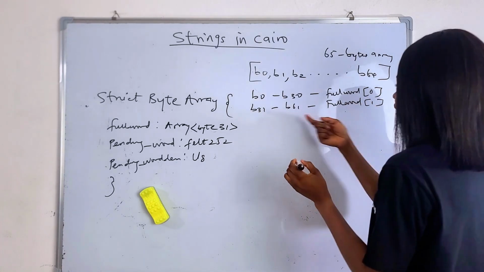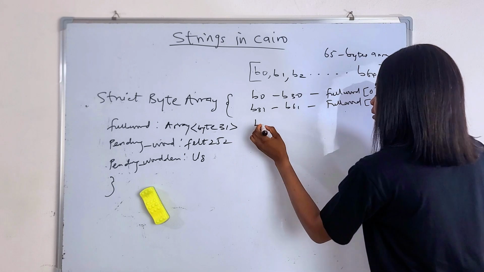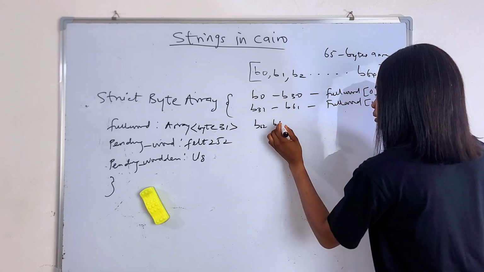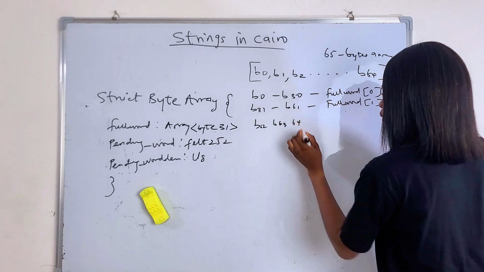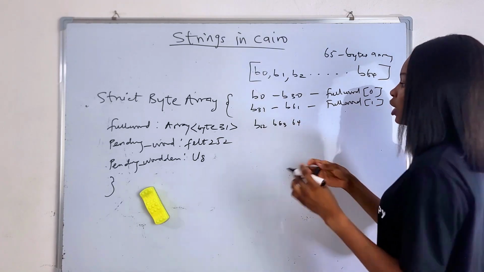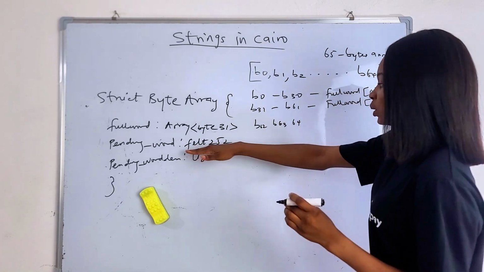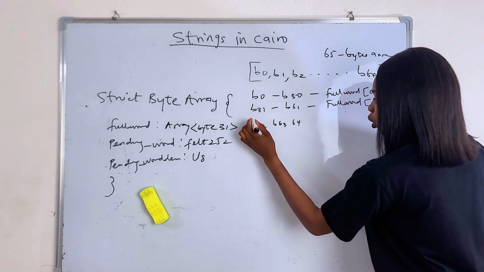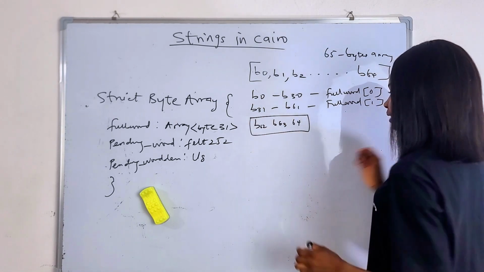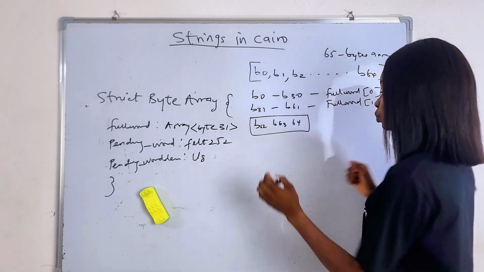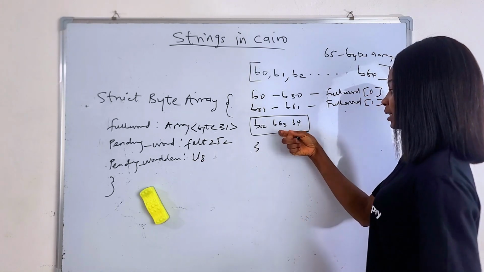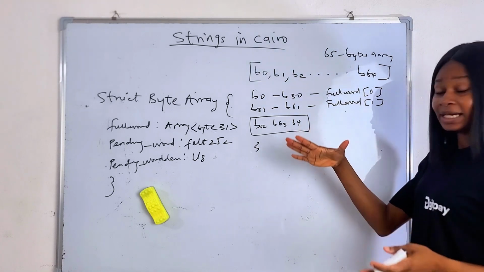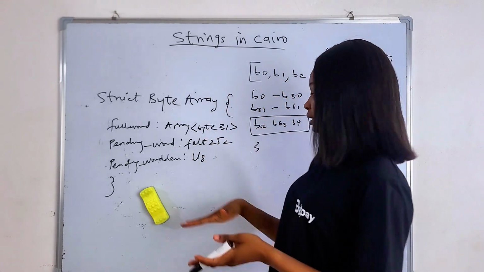So we are left with byte 62, byte 63, and byte 64. We're left with 3 bytes. These 3 bytes are held in the pending word, so the pending word will hold these 3 bytes. And then the pending word length would be 3, because I have 3 bytes. This is basically how Cairo handles this.